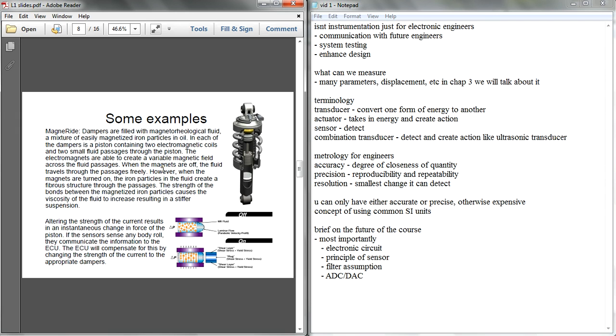And then dampers. For this one, you put in some magnetic fluid and then you let it flow.